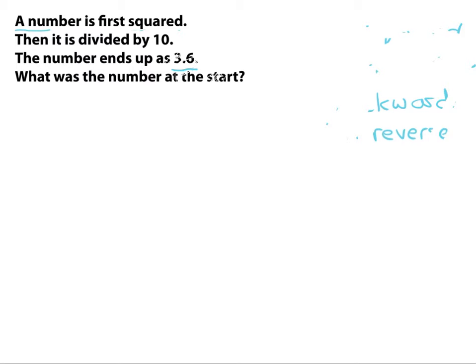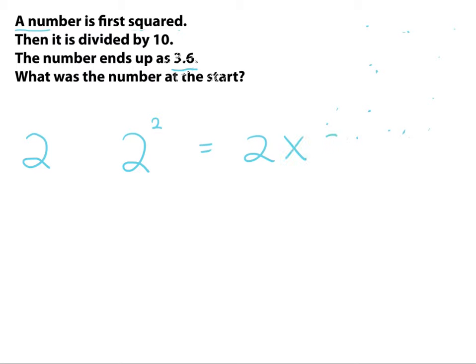So what do we have to know and what do we need to do? We need to know what it means by squared. It's easy. A number squared is a number multiplied by itself. So 2 squared is equal to 2 times 2.